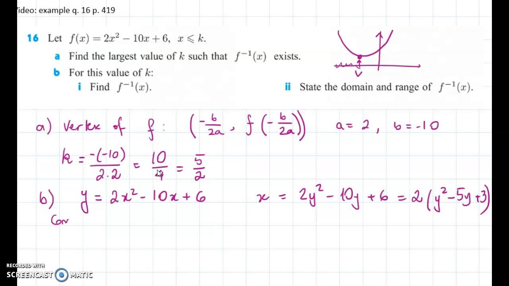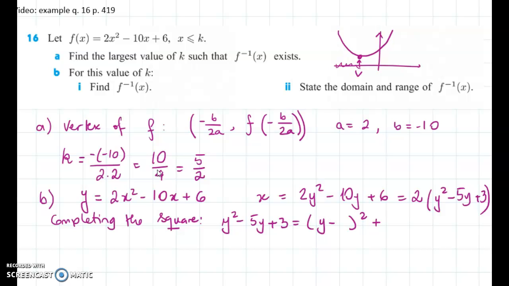So completing the square, we have here y squared minus 5y plus 3. We are going to write it as y minus something square, and then possibly we are going to need to sum something else.